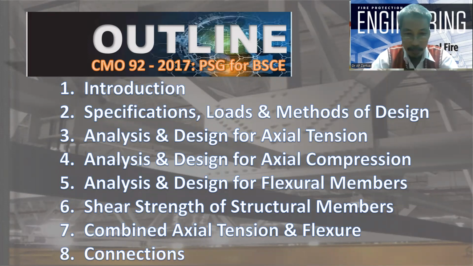Number seven, combined axial tension and flexure. There are several ways we can combine tension, compression, flexure, torsion, but the most commonly used combination is tension and flexure.